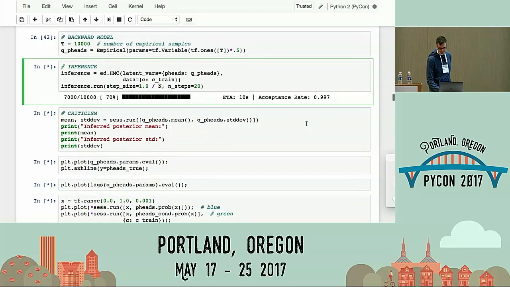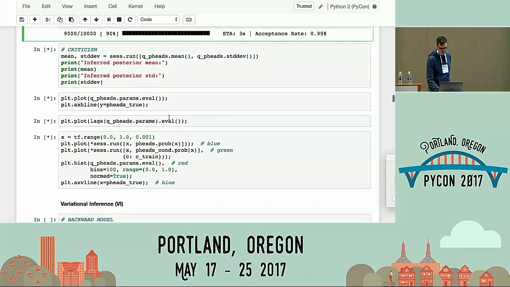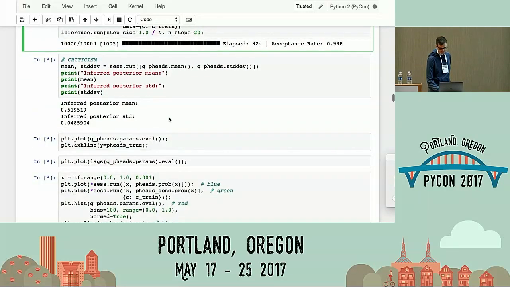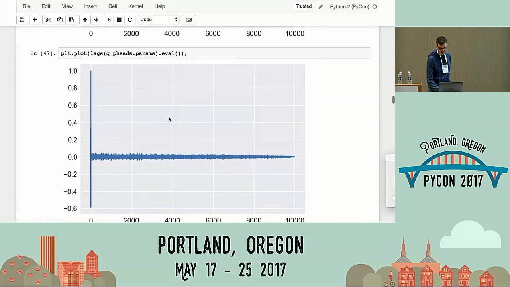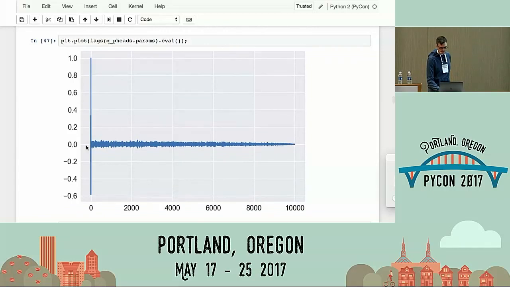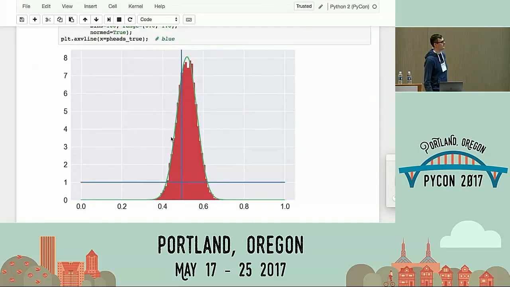You can see the acceptance rate is quite high, which is good. This is how the trace looks, and this is the autocorrelation, and this is the histogram. So you see that indeed this method also solves our problem. It provides us with an approximation to the posterior. It agrees quite well with the analytical solution, which is the green curve.